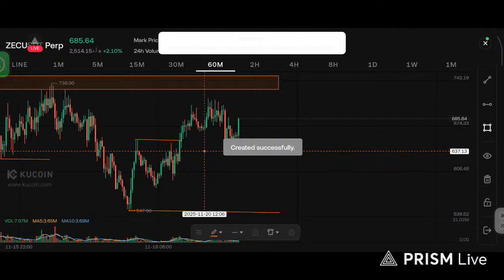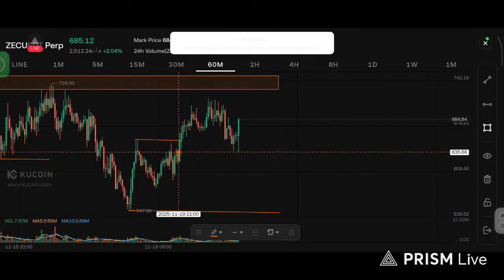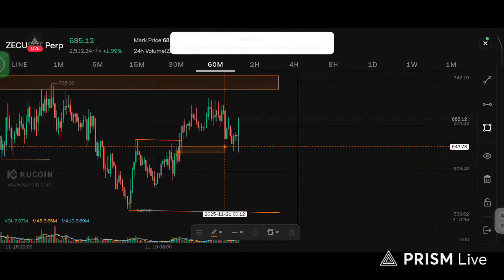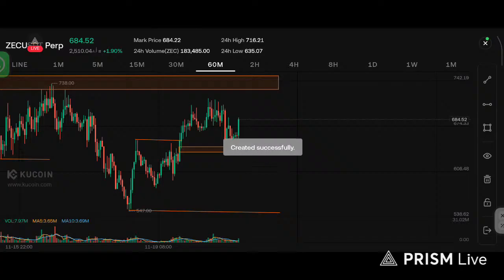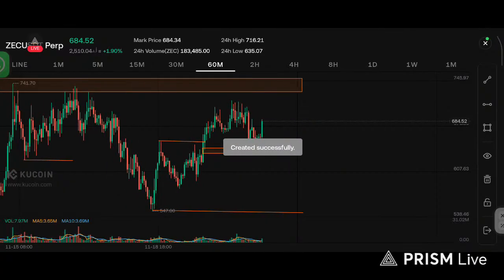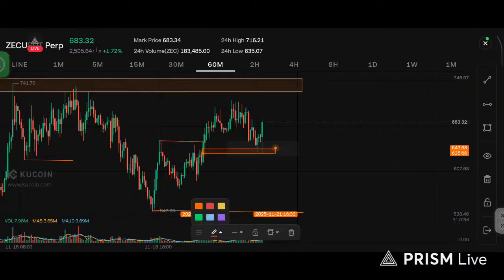And once you look at it, we have a little fair value gap here, right? This is a little fair value gap. The red rectangle here is a little fair value gap. The red rectangle there is a little fair value gap that takes place.